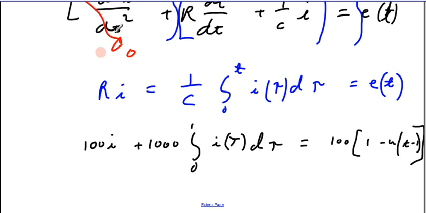Now I'm going to take the Laplace transform of everything I see.